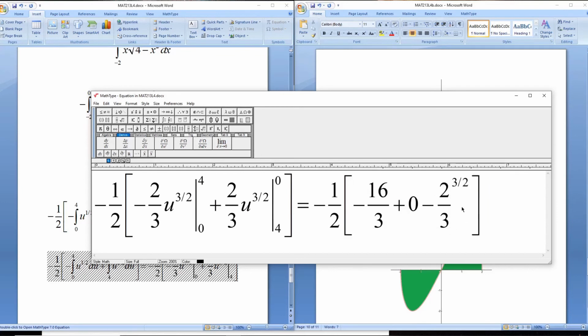We'll plug a 4 into that. And again, 4 to the 3 halves is 8. And then 8 times 2/3 is 16/3. And of course, the plus 0 we can just get rid of. And so minus 16/3, minus 16/3, we can add those two negative numbers together to get a minus 32/3.